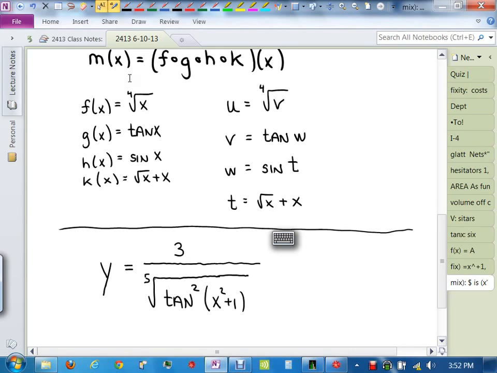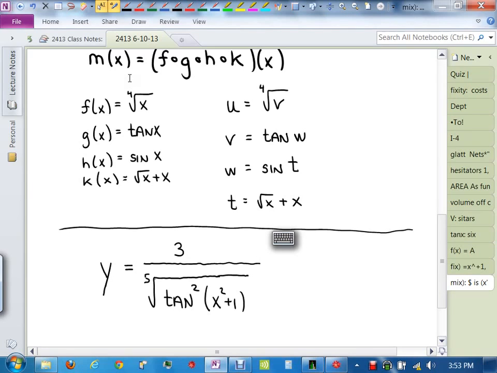Well, if I write tan squared of x squared plus 1, this means tangent of x squared plus 1, squared. Anytime you have this, that's what it means.